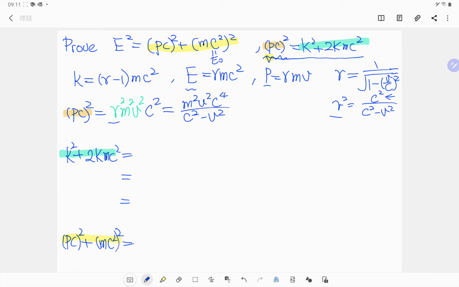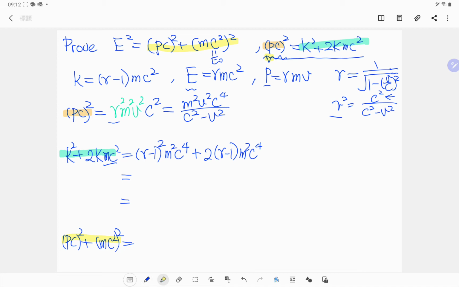And next we have k square plus 2kmc square. So k square is gamma minus 1 square m square c to the 4th power, and then 2 gamma minus 1, and then we have mc square, and then we also have mc square here, so we have m square c to the 4th power.